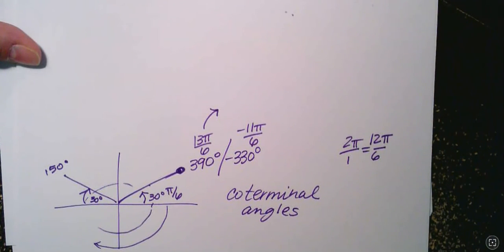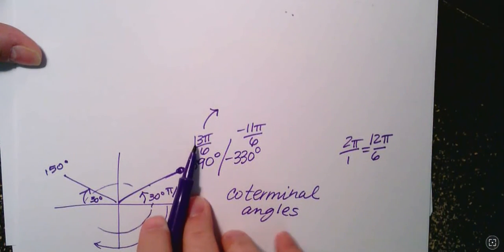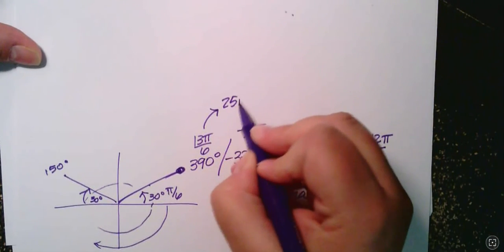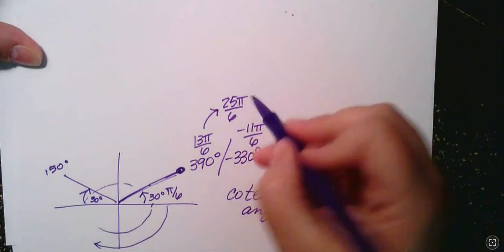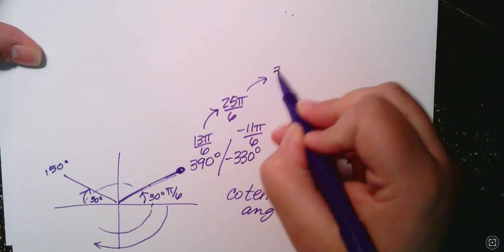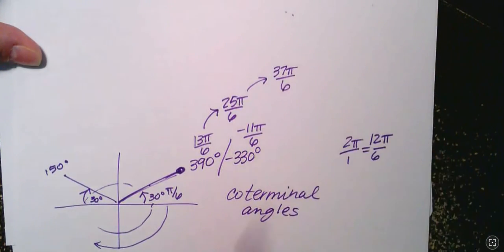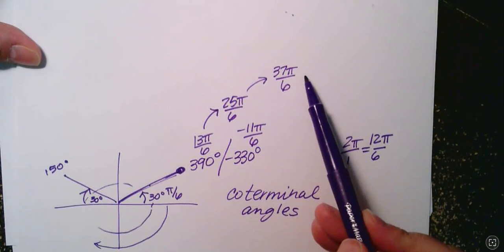So if I add 12 to 13, 25 pi over 6 has the same terminal side. It's in the same location, so it has the same sine, the same cosine, the same everything. Add another 12: 37 pi over 6. I can keep going. 2 pi, 2 pi, 2 pi.